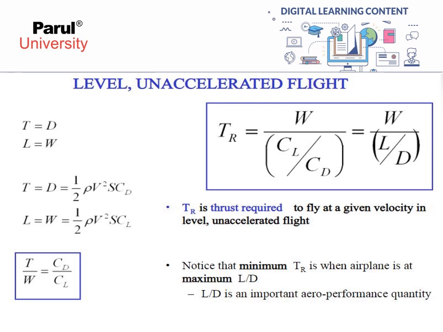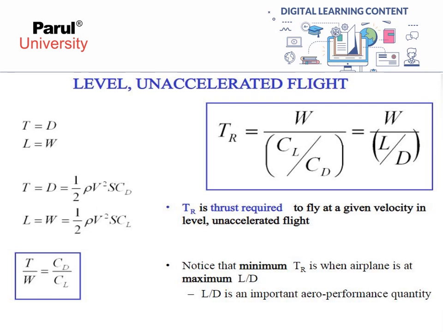Thrust required is equal to W upon CL by CD, or W upon L by D. This is nothing but thrust required. TR is the thrust required to fly at a given velocity in level unaccelerated flight. Notice that minimum thrust required is when the airplane is at maximum L by D. L by D is an important aerodynamic performance quantity, nothing but aerodynamic efficiency, the lift to drag ratio.